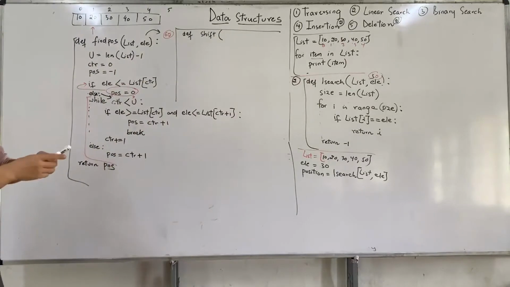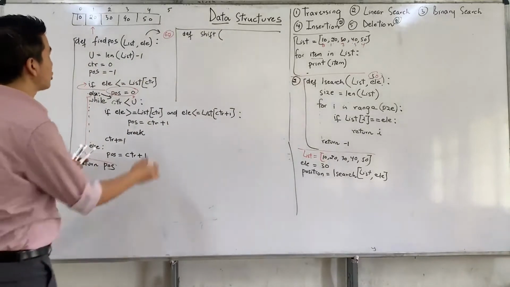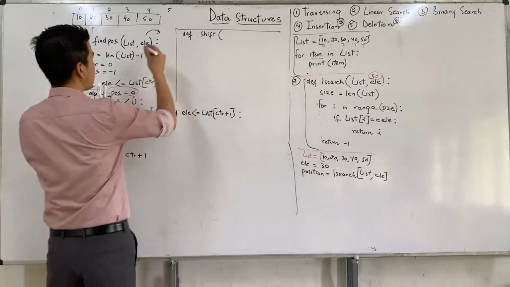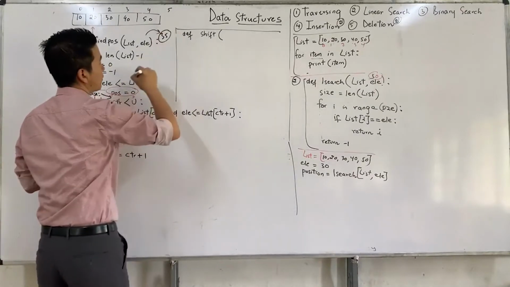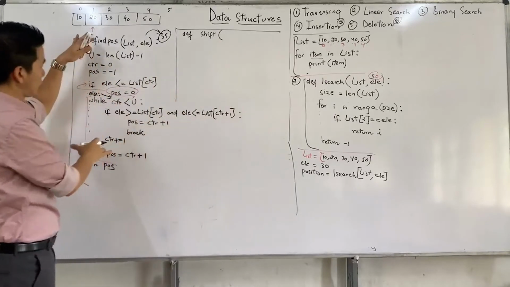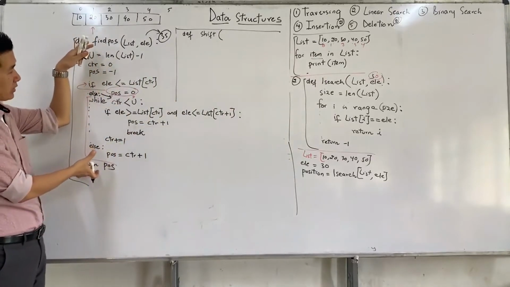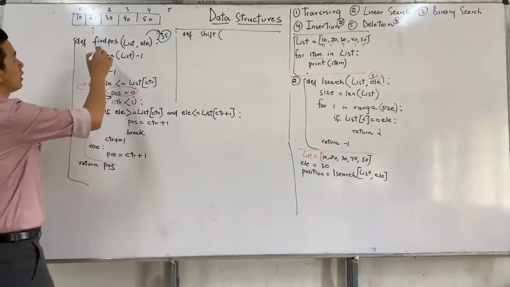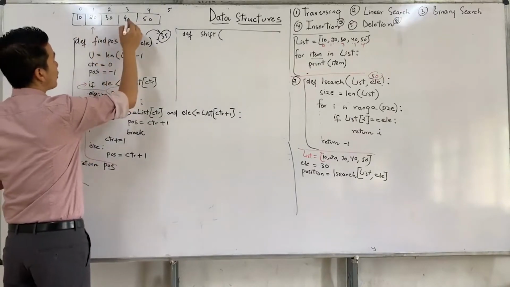Now we'll keep the example as 35. When this part of the program is done with the execution, it will return the position of 0, 1, 2, 3.